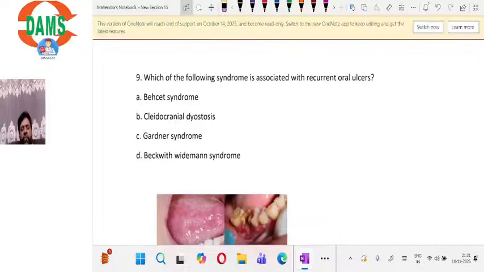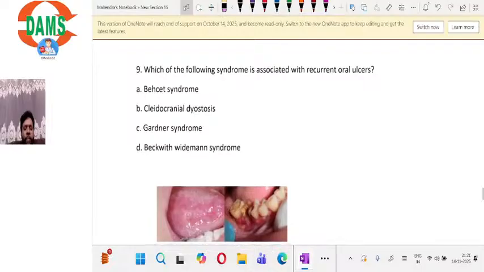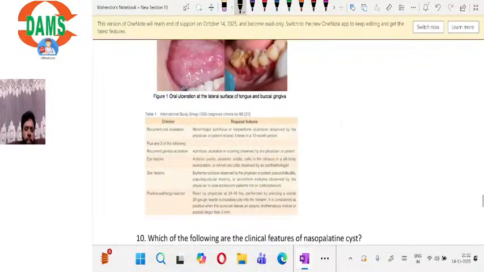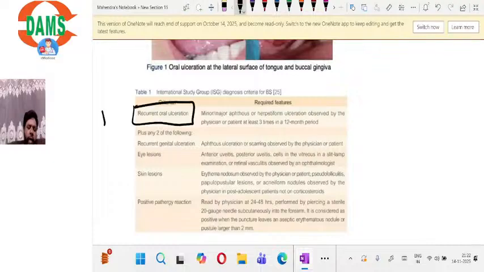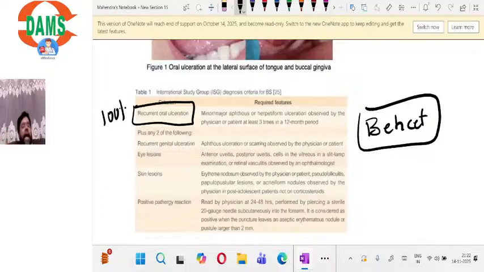It's again simple. Which of the following syndromes is associated with recurrent oral ulcers? In the chapter of allergic and immunological diseases, we have discussed Behcet syndrome. Behcet syndrome is one important syndrome which is associated with recurrent oral ulceration. Remember, to call a patient Behcet syndrome, 100% of the patients should have oral ulcers.